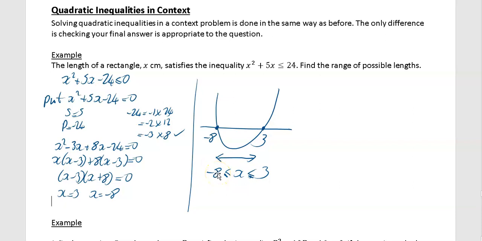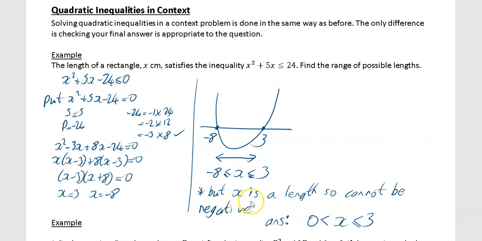So I'll pause the video and write that in: but x is a length, so it cannot be negative, and then we'll change our answer accordingly. So the answer is 0 is less than x is less than or equal to 3. Because it is a length, it has to be greater than 0, but it has to be less than or equal to 3. So we'll go up to and including 3.